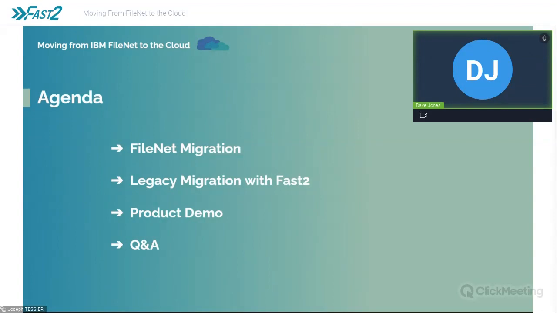I'm then going to get Joseph involved and let him explain how the Fast2 migration tool can help us address these migration challenges. During that discussion, Joseph is going to give us a live demo of the Fast2 software and show us just how straightforward FileNet migrations actually can be. And finally, we will all come back together for my favorite part of every webinar, the question and answer session.